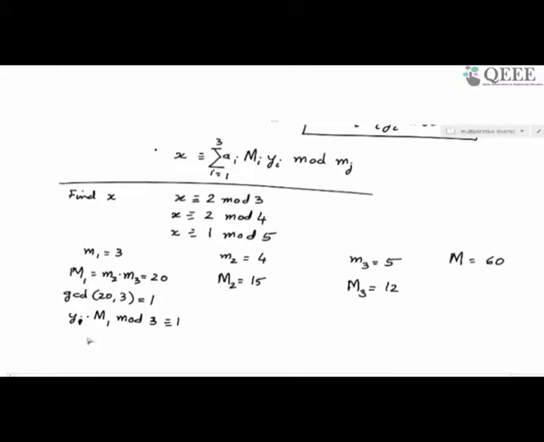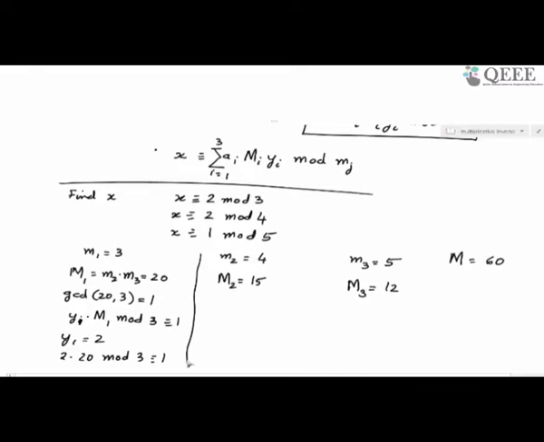In this case we can see that y1 is equal to 2. If we look at it, 2 into 20 is 40, and 40 mod 3 is congruent to 1. When divided by 3, it leaves a remainder 1.